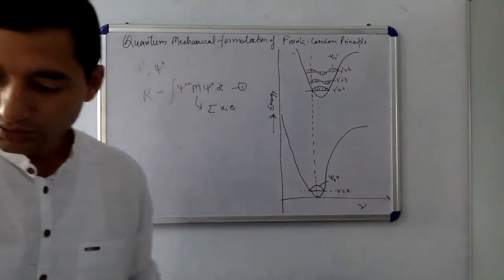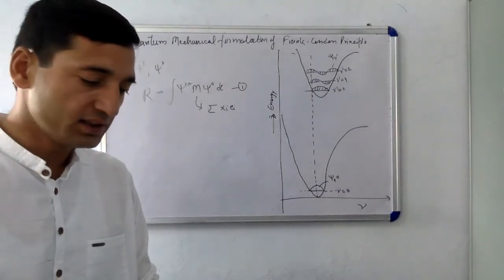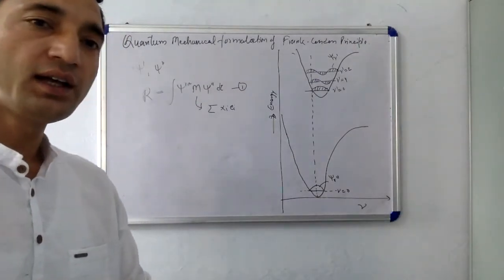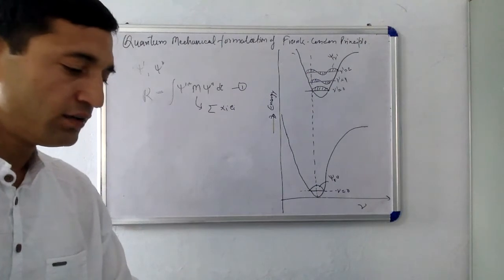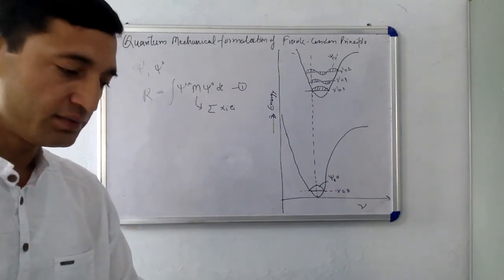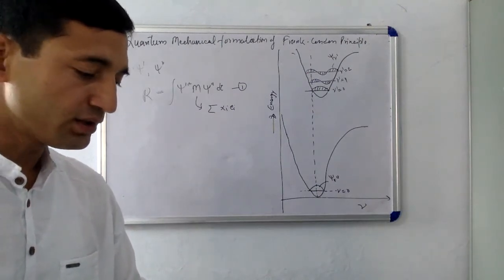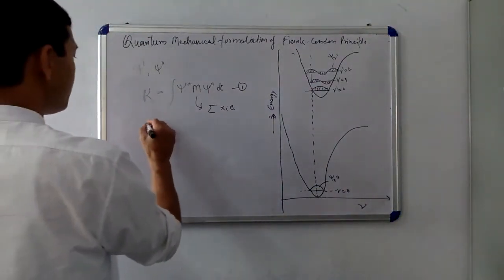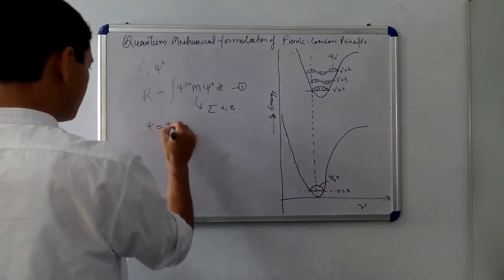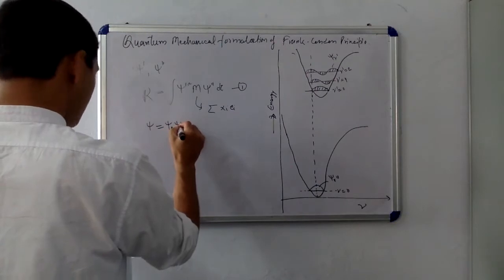Ignoring the molecular rotation and applying the Born-Oppenheimer separation of the electronic and vibrational coordinates, we put psi equal to psi e times psi nu.